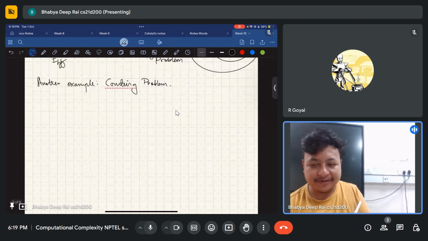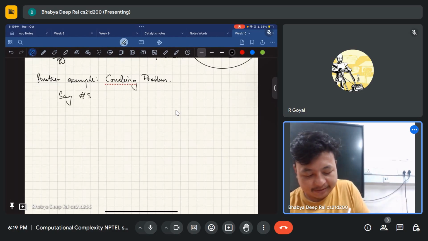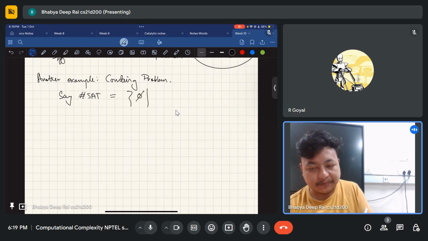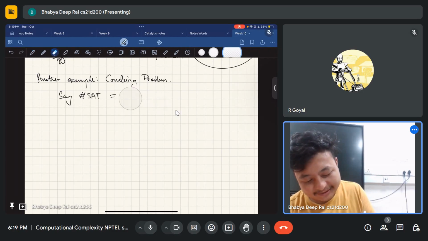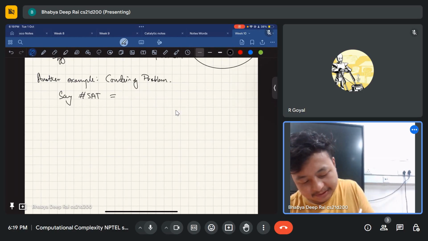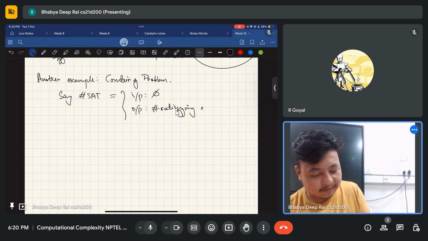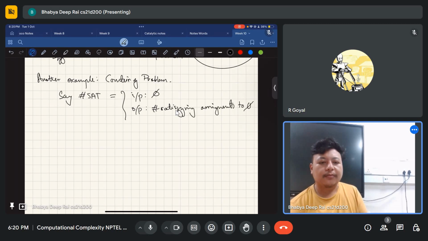Let's take SAT and take any counting problem, say sharp SAT. What is sharp SAT? The input is a formula and the output is the number of satisfying assignments to phi.